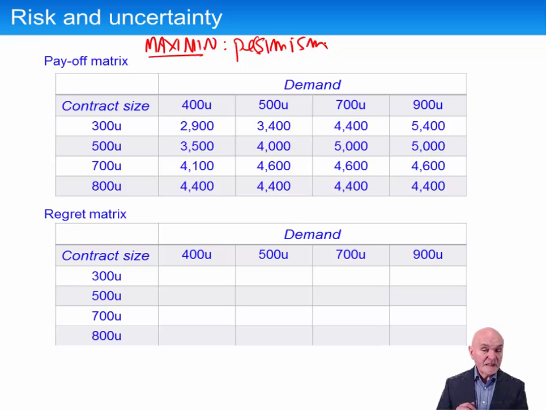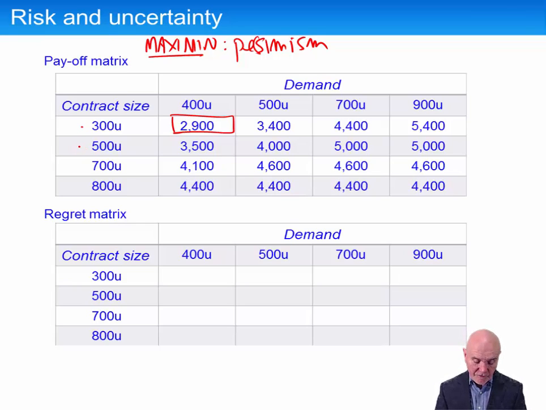So what this pessimistic Maximin person will say is, if I sign up for 300 units being sold to this special customer, the worst that will happen is that. That's going to hit me because fate doesn't like me. Fate will be conspiring against me, so the worst will happen.